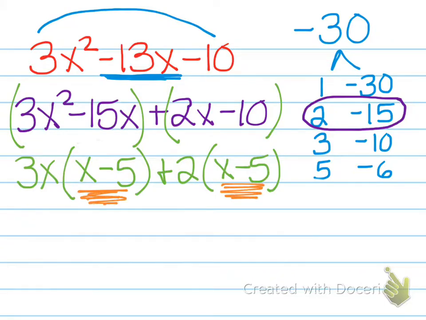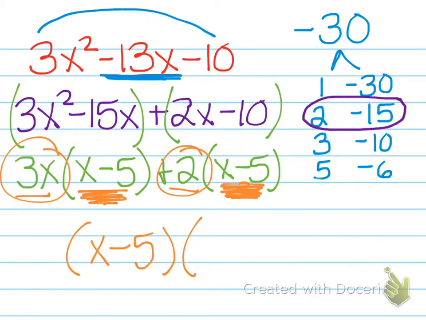And instead of having the x on the first GCF and the minus 5 in the second one, I have 3x and I have 2. So you still get two factors inside the parentheses that are the same. And then you still get GCFs, and it becomes the same exact answer as before.